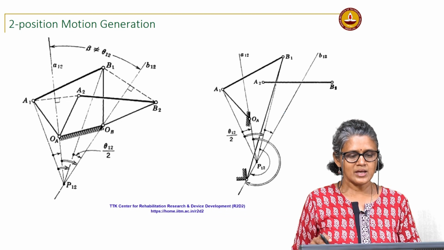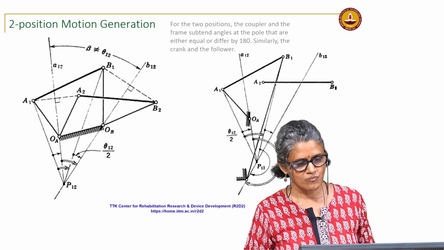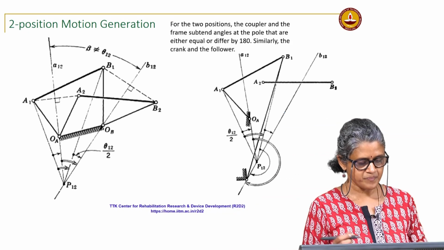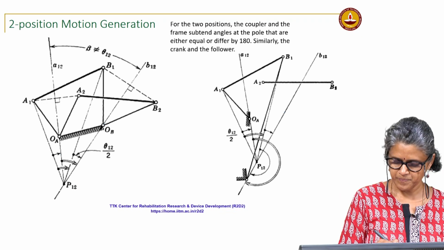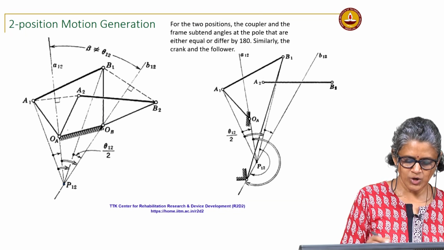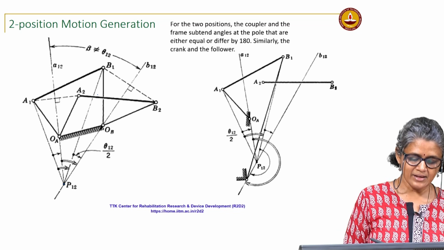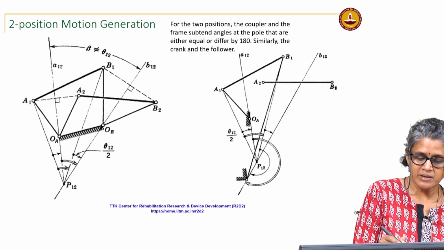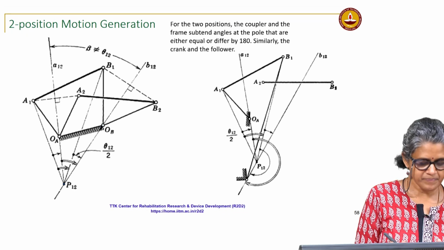So, one interesting thing that we will look at. Here I chose OA and OB like this with respect to the pole, and if I look at the angle subtended by the coupler A1 B1 and the frame OA OB at the pole.